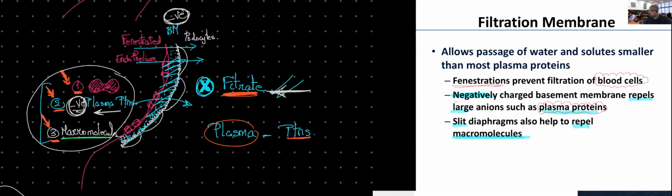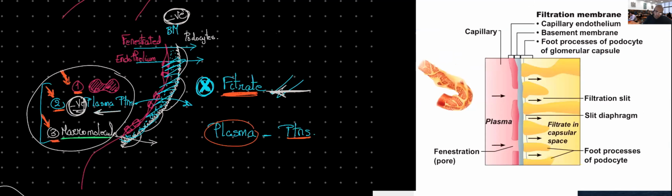Macromolecules, those large chemical compounds, cannot pass through those filtration slits that exist between the feet of the podocytes. Looking here again at the three layers: the fenestrated endothelium, then the negatively charged basement membrane, then the podocytes with their foot processes.